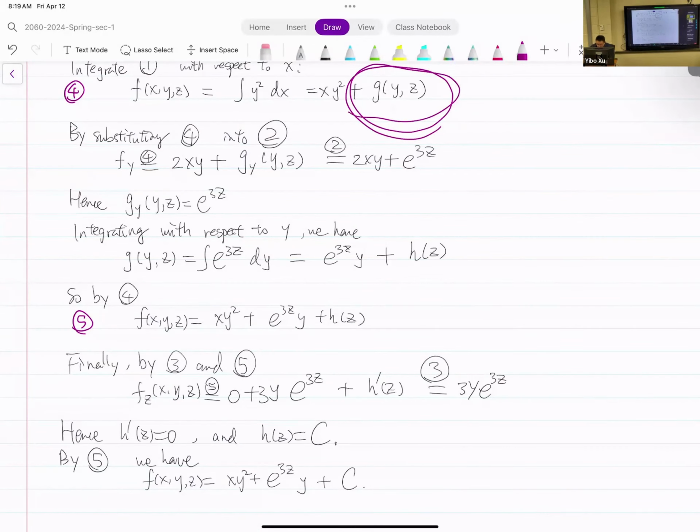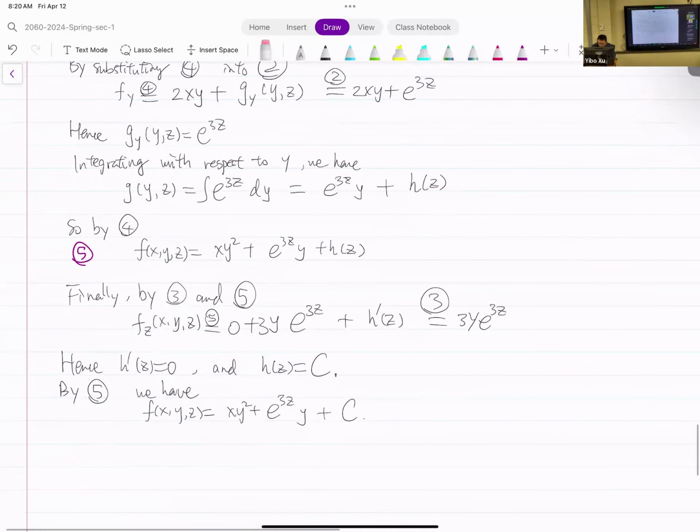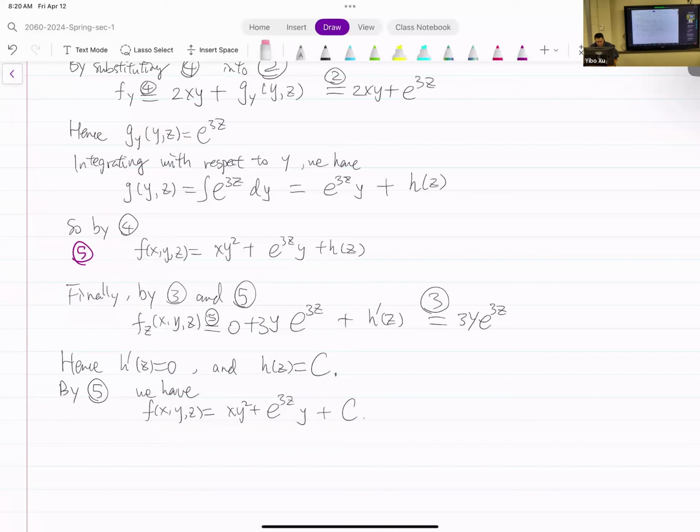And then you further reduce to the identification of this little h. And finally, we know what h is. h has to be an absolute constant. That concludes this question. All right, that's pretty much all we need to know about this introductory section of chapter 7.